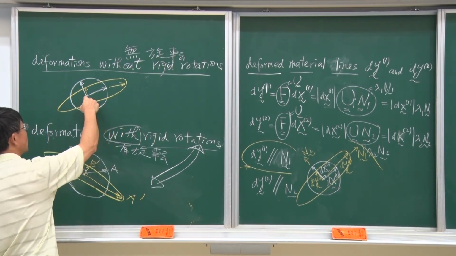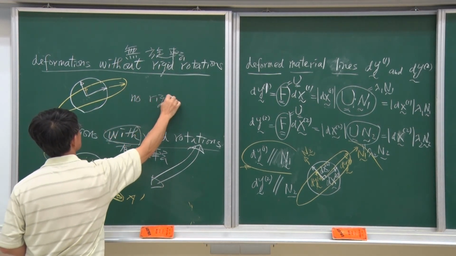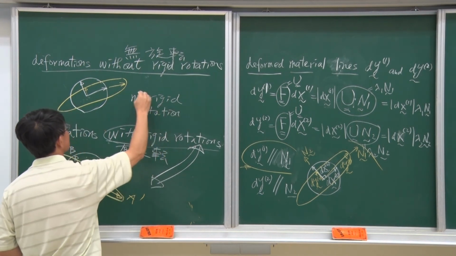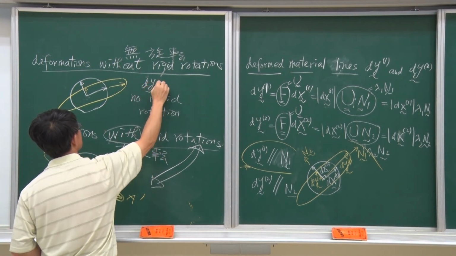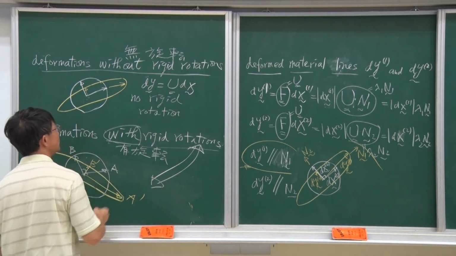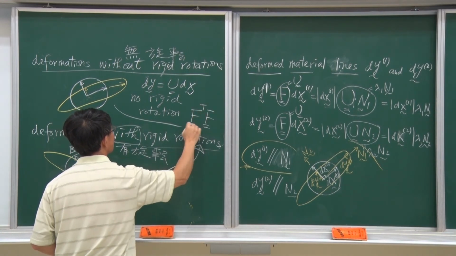And how can this be done? This can be done by, okay, F transpose F. Understand?